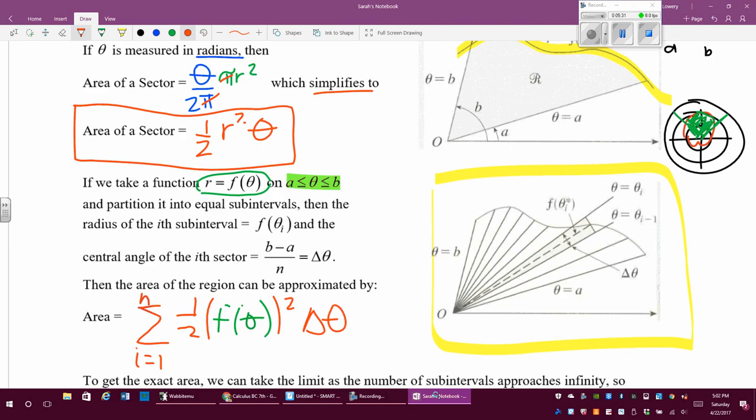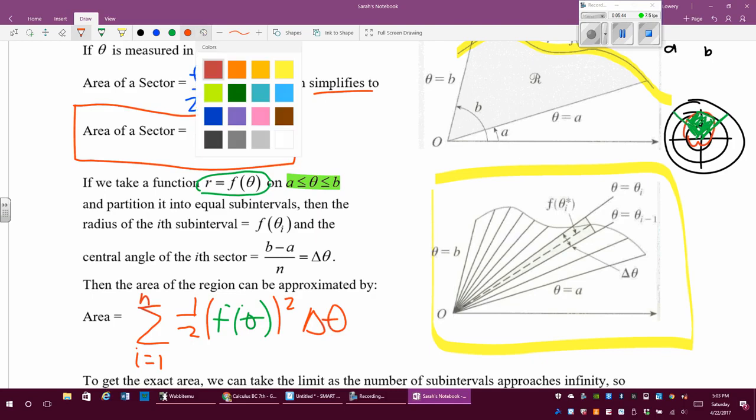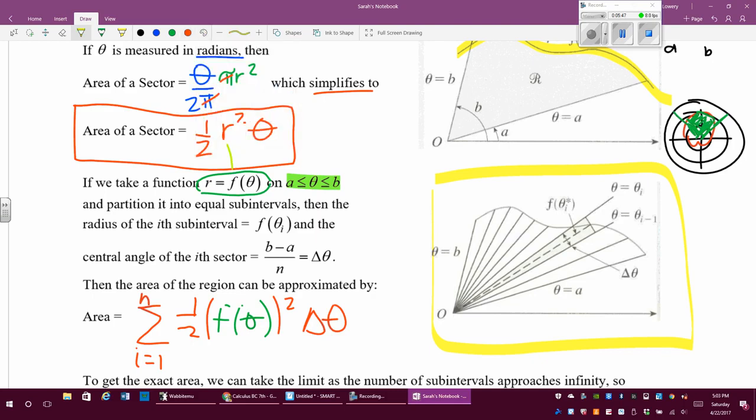What this is basically saying is infinitely many partitions of tiny, tiny angles. And I'm using f of theta because we're saying that r is f of theta, so I'm plugging that into this formula, okay?